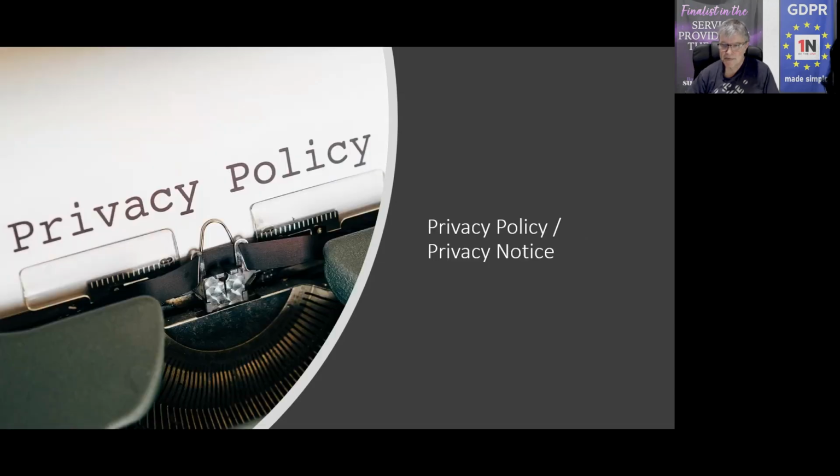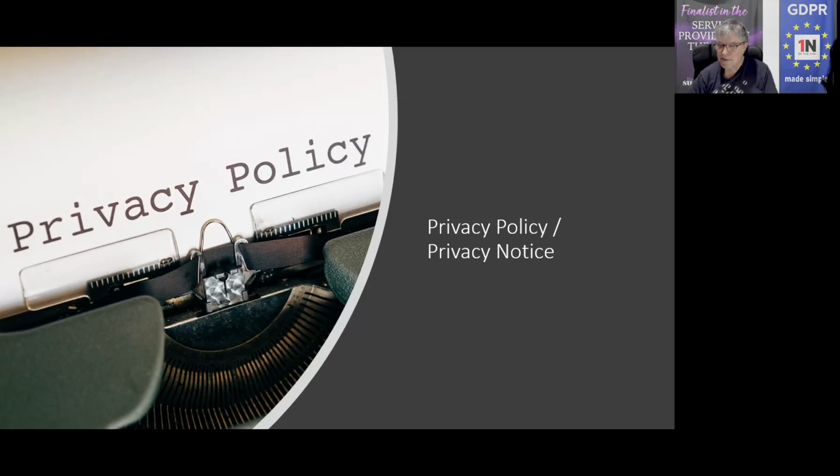The first of those, and a lot of this is going to be a refresh on things we've spoken about during the week, is your privacy policy or privacy notice. It doesn't matter what you call it; the two names are interchangeable. What is important is that you have a date on it, that it's effective from, and that it fully says who you are: your name, your address, your contact details.